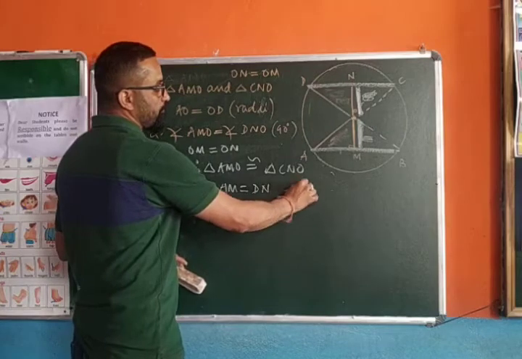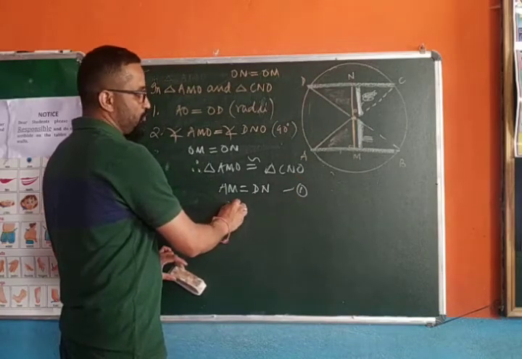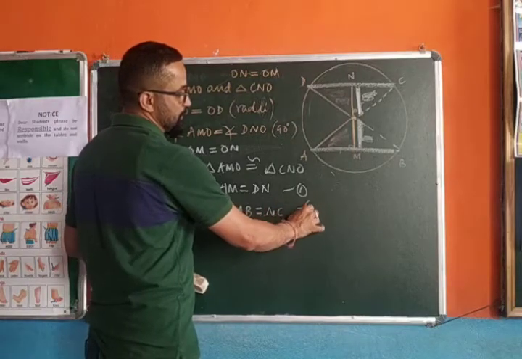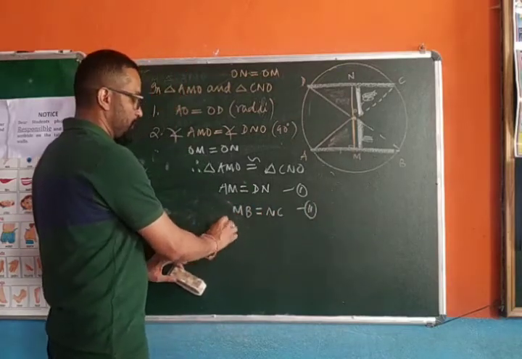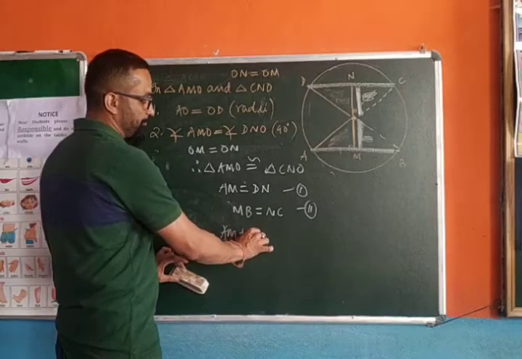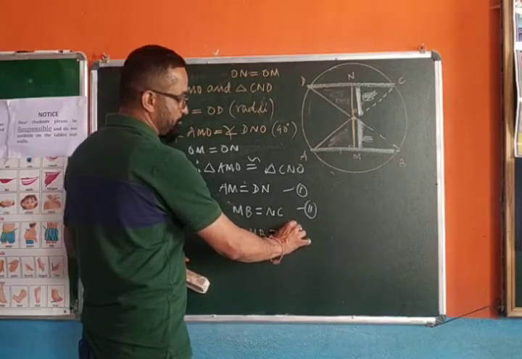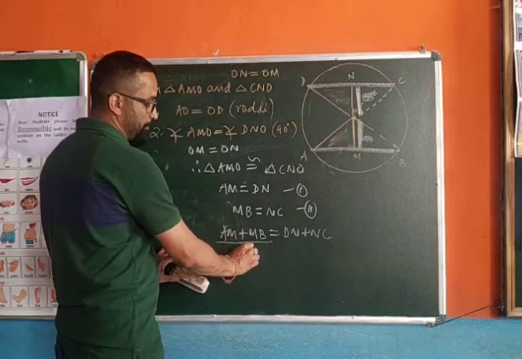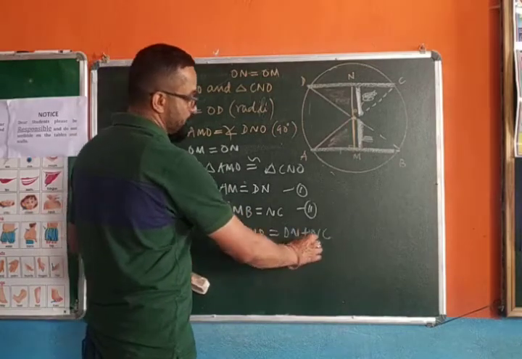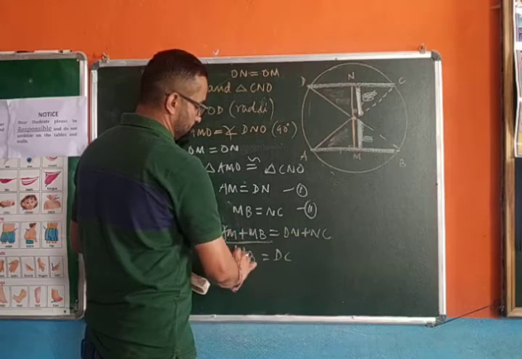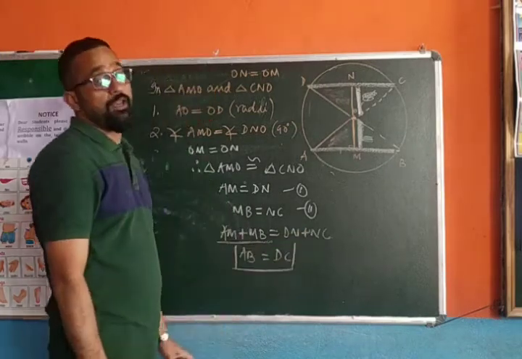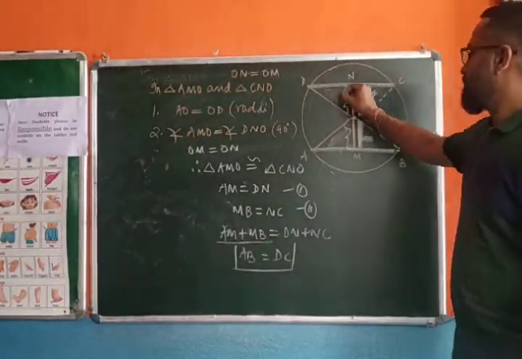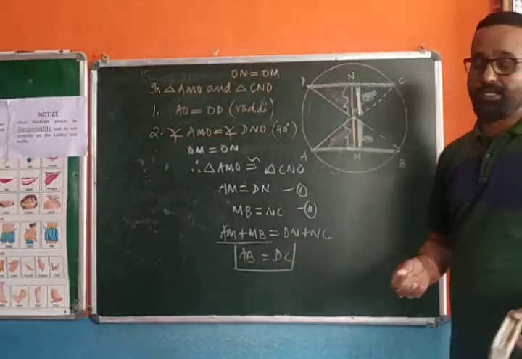So you have NB is equal to NC, CPCT, then add it up. AN plus NB is equal to DN plus NC. AN plus NB is AB, DN plus NC is DC. Chords are equal in length. If chords are equidistant from the center, the lengths of the chords are always equal.